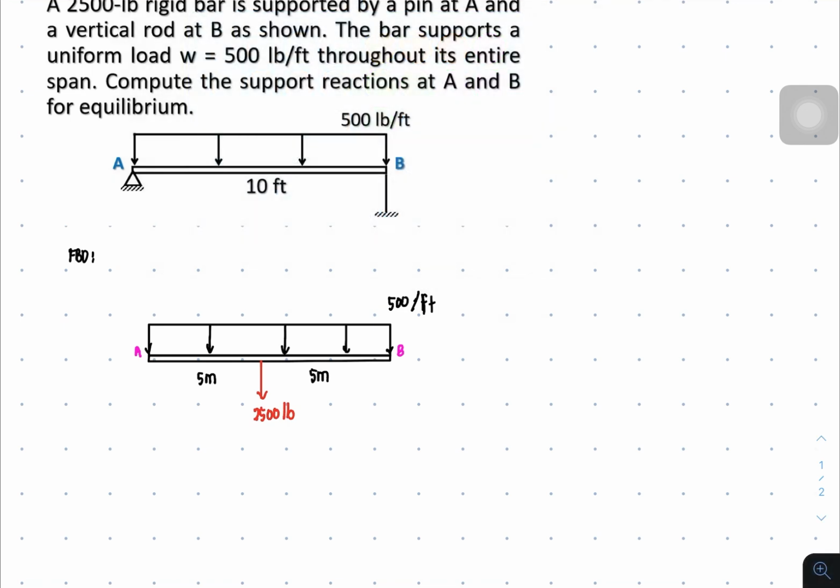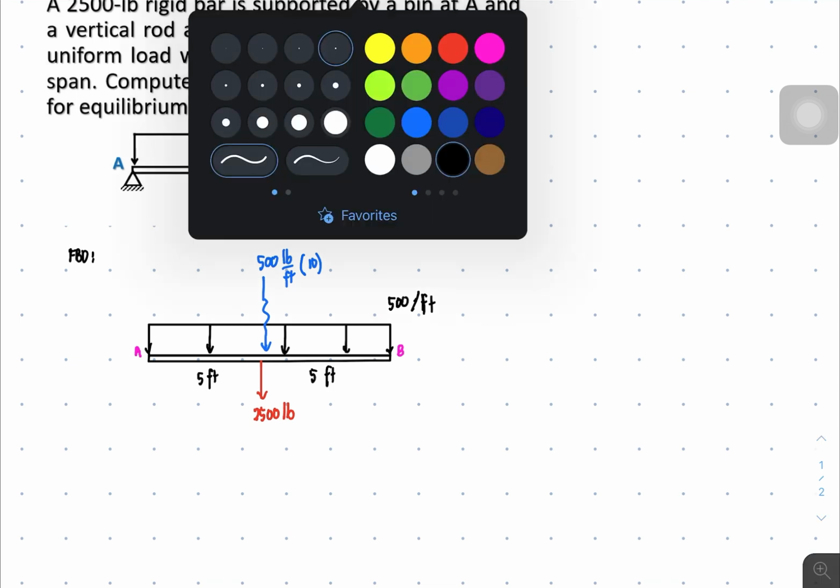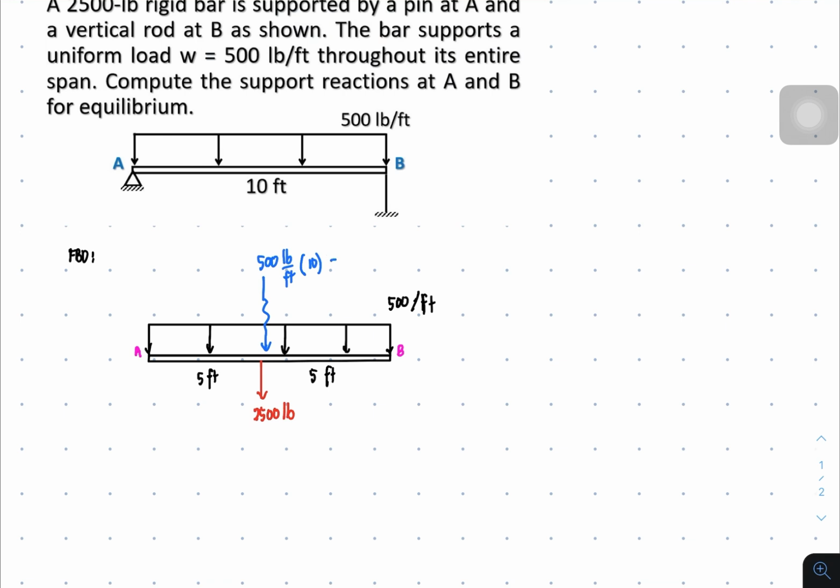The resultant for this load is 500 pounds per foot times the total distribution, which is 10. Oh, by the way, this is not meters, but rather feet. I'm sorry. Now you have 5 feet on both sides, and here this is 5,000 pounds.